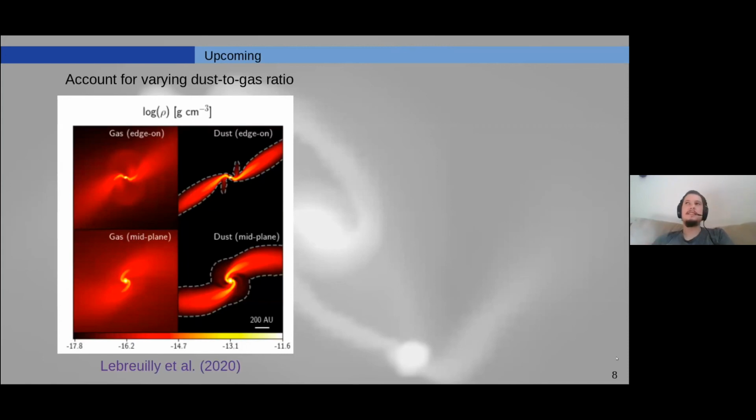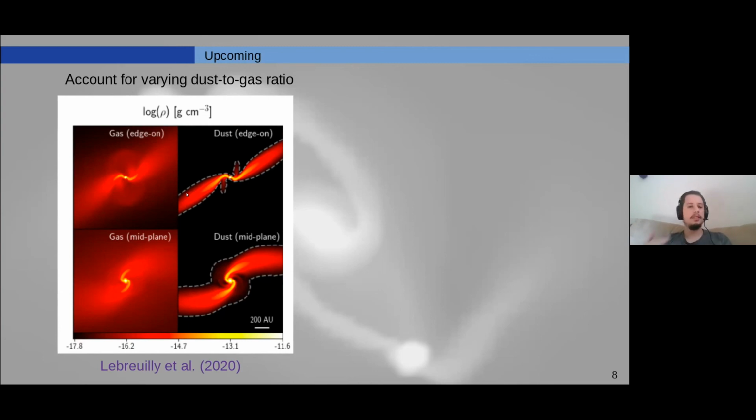What's upcoming is improvement of these tools. I said that the coagulation method was not compatible with other methods that change the grain size distribution. However, we know, especially from the simulation by Hugo Lebris, that the dust-to-gas ratio is not constant throughout the protostellar collapse, and that dust tends to concentrate in higher density regions and is more depleted in the envelope.